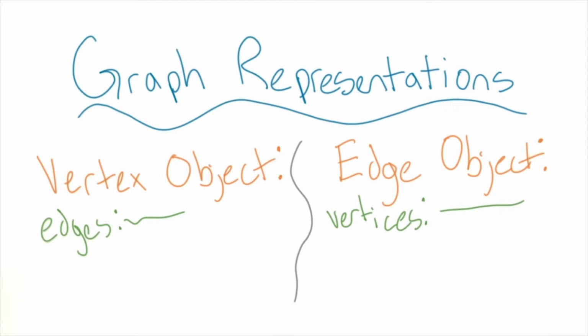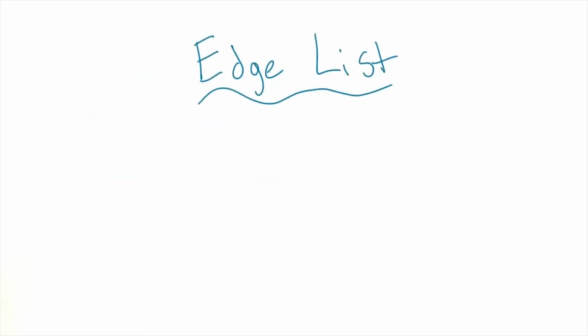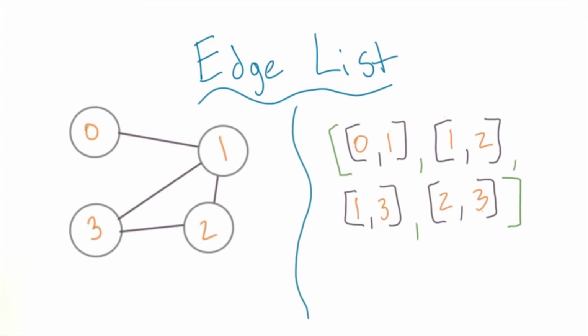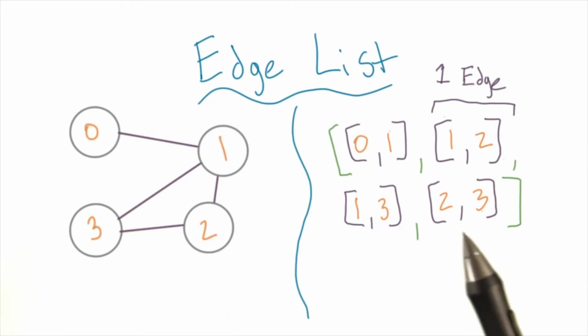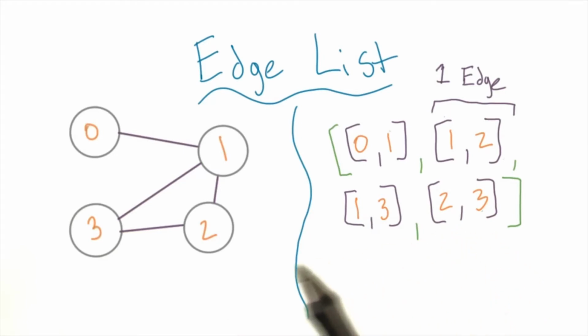There are several ways to represent connections on simple graphs that only use lists. One example is an edge list, which is precisely what you'd think. It's simply a list of edges. The edges themselves are represented by a list of two elements. Those elements are normally numbers that correspond to ID numbers for vertices.